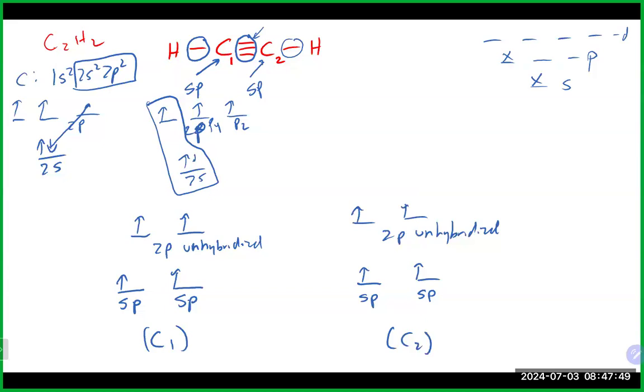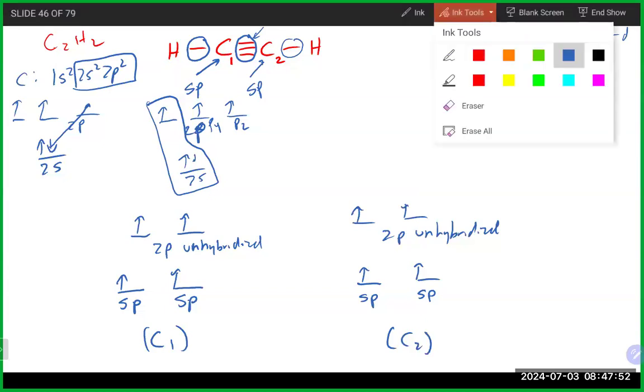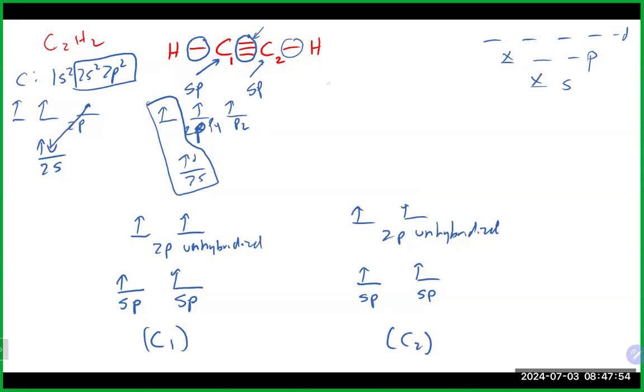So again, if we take a look and try to account for all the bonds that we see in this guy, we'll call that bond number 1. We'll call this bond number 2, bond number 3, bond number 4, and bond number 5 happening there.